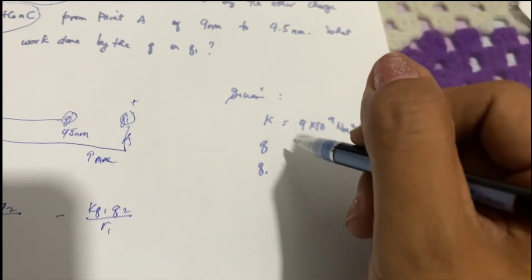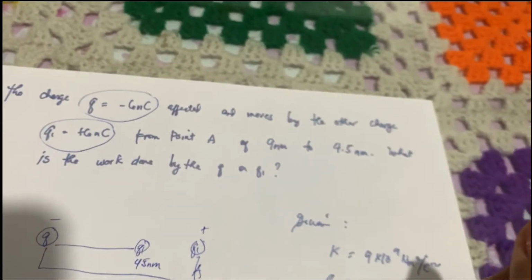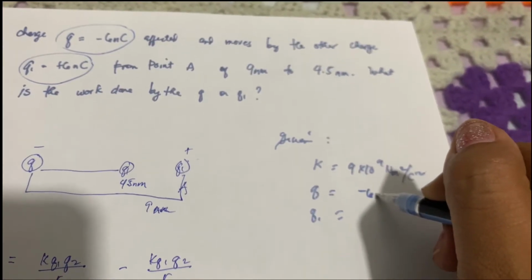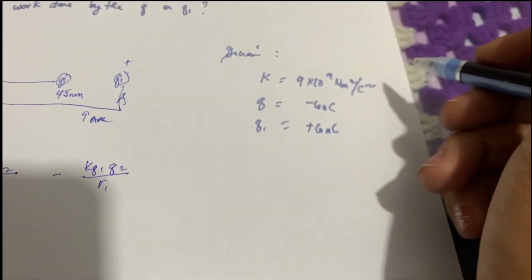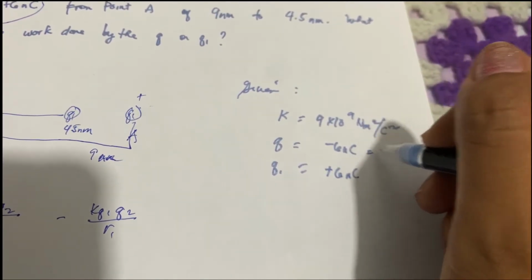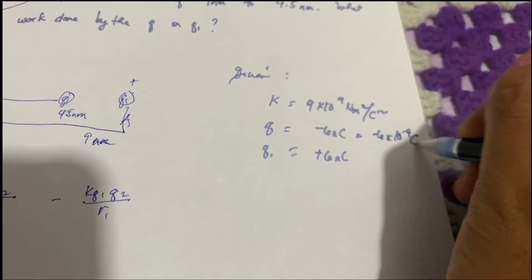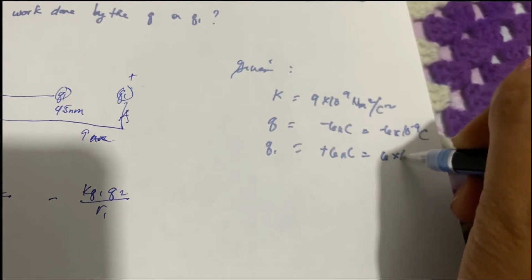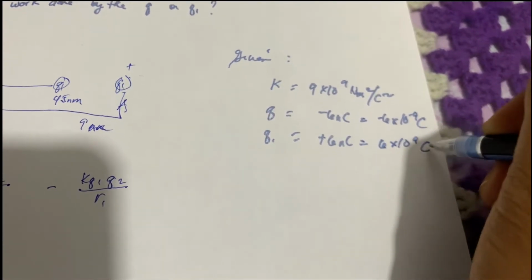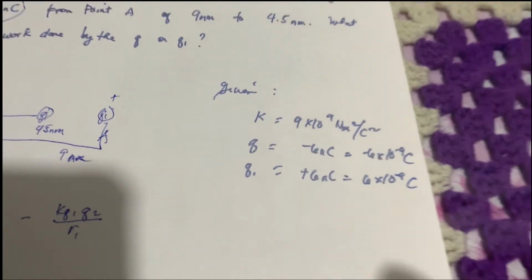Q1, that is still equivalent to Q1 and Q2. Okay, so you have -6 and +6 nanocoulomb. Nanocoulomb, so that is -9. -6 times 10 to the -9 coulomb. This is +6 times 10 to the -9 coulomb. So, that's how it is.